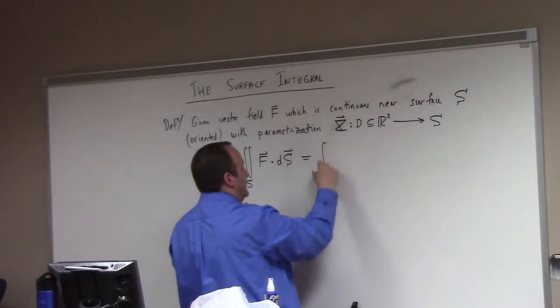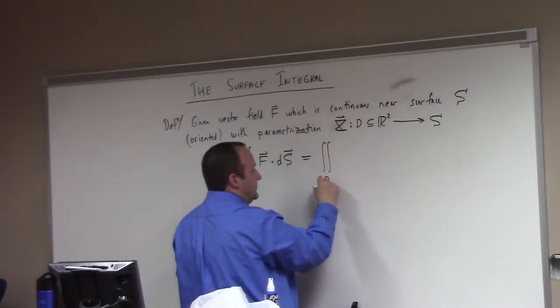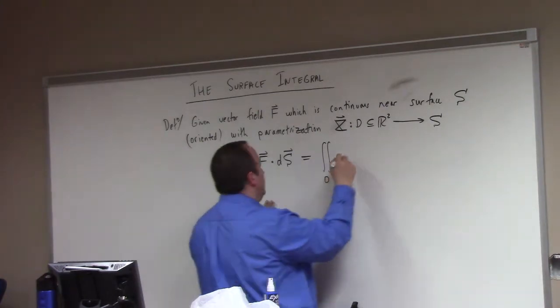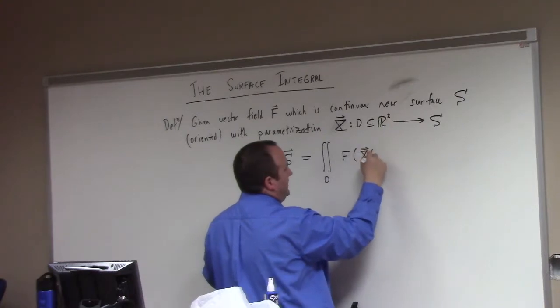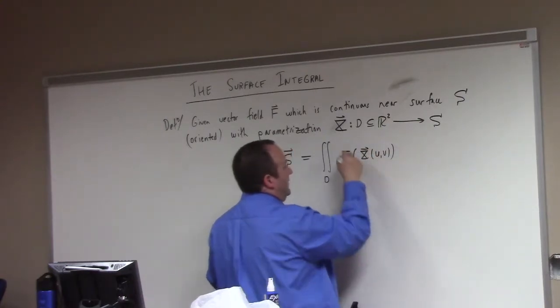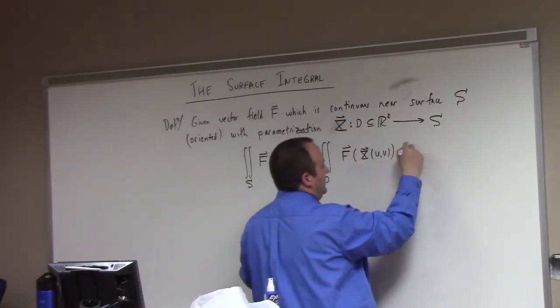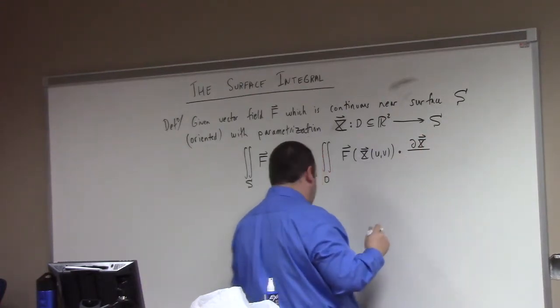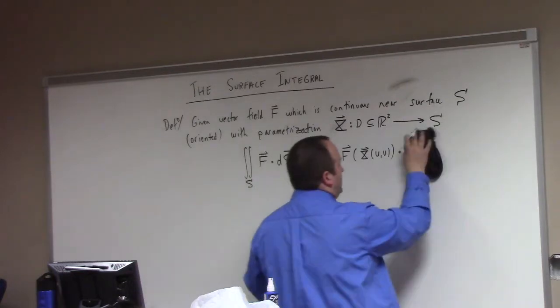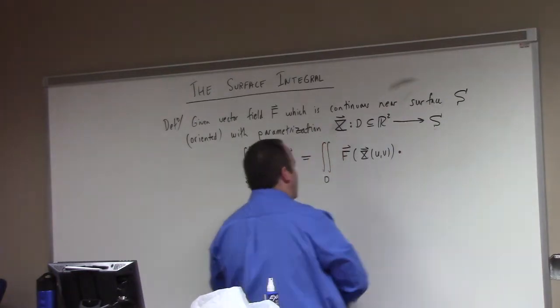This is equal to the double integral over the domain of the parameterization of F of the parameterization, dotted with partial X. Oh, I'm sorry, that's not the definition. Un momento. I'm slipping up here.